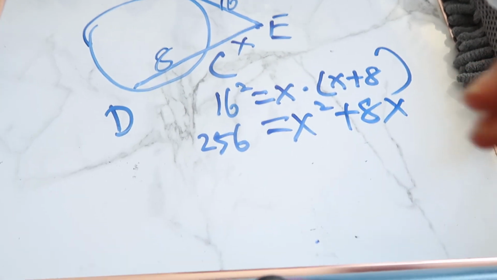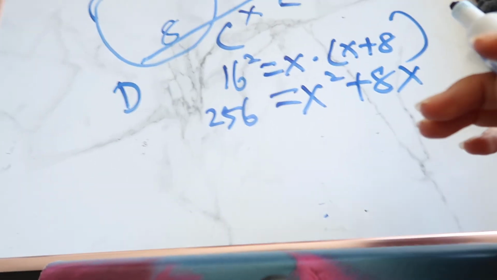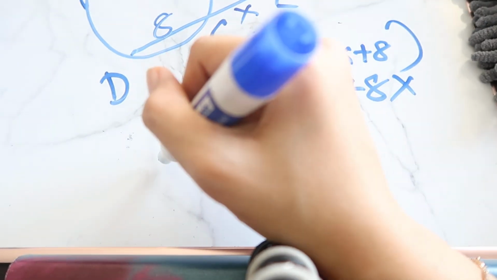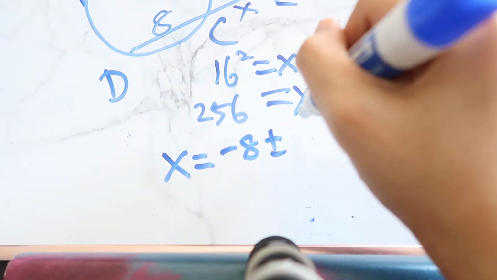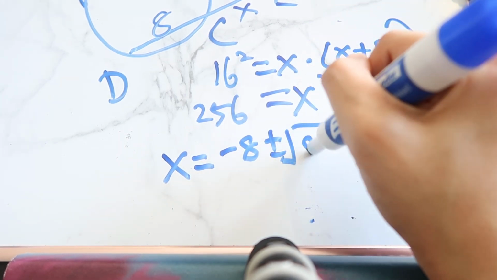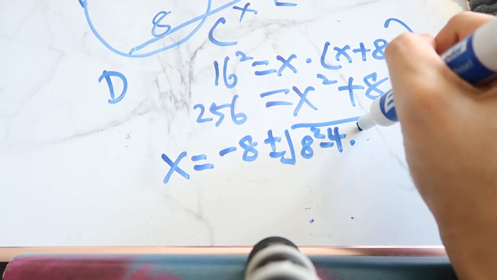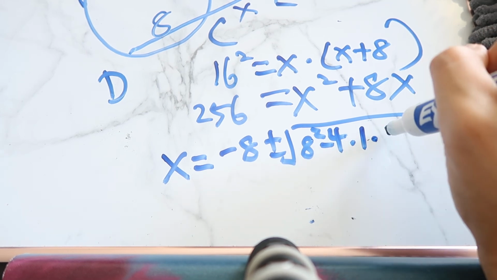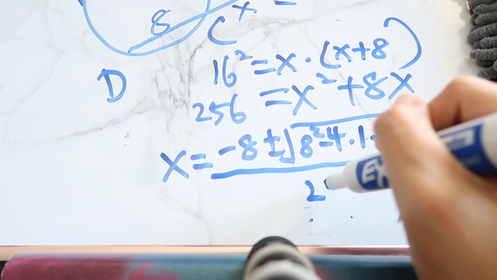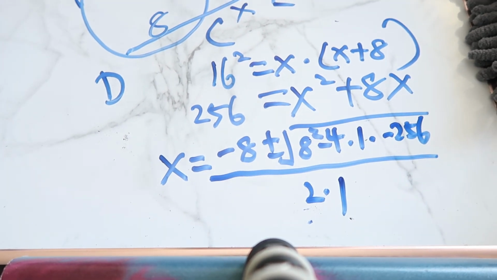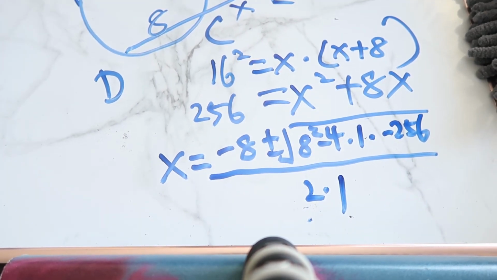Then same thing, I'm gonna write it down one more time. So X would equal to negative 8 plus or minus square root of 8 squared minus 4 times 1 times negative 256 over 2 times 1. So again, we're using the quadratic equation.